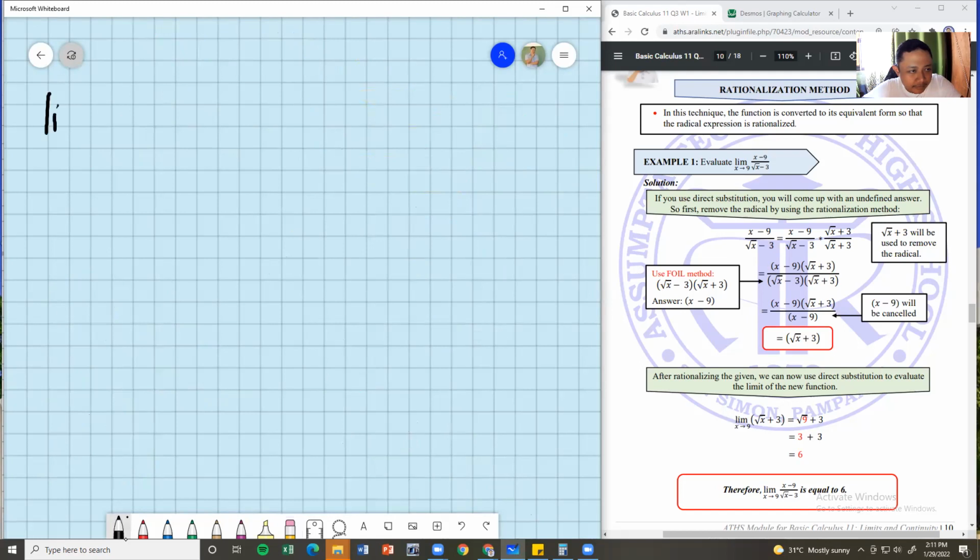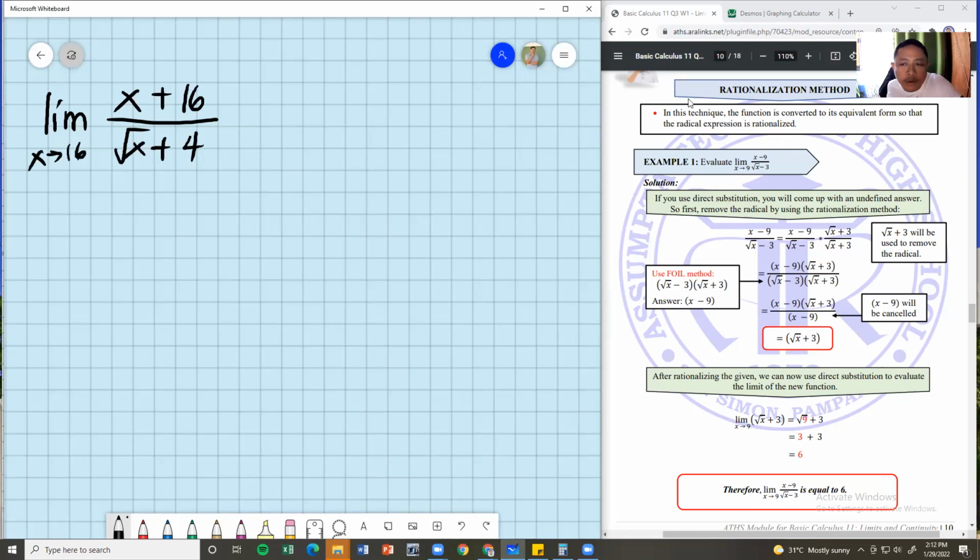Let's have the limit of x plus 16 over square root of x plus 4 as x approaches 16.